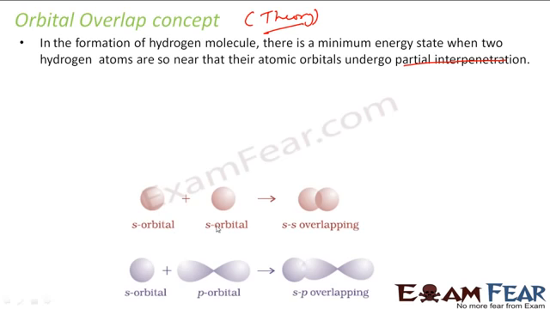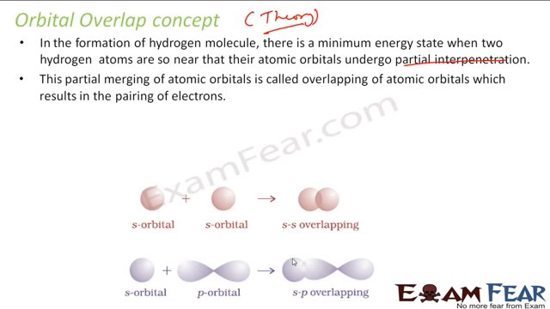For example, if you see here, s orbitals overlap to form s-s overlapping, where there is a place of overlap. If an s orbital overlaps with a p orbital, then also we have some overlapping. So overlapping is nothing but interpenetration of orbitals, partial interpenetration or partial merging of orbitals.